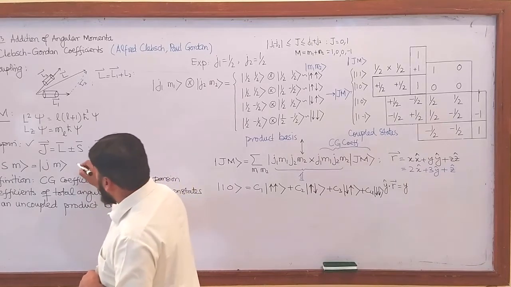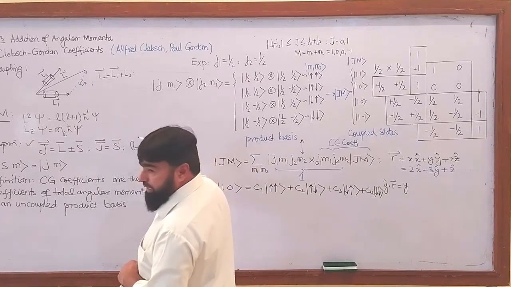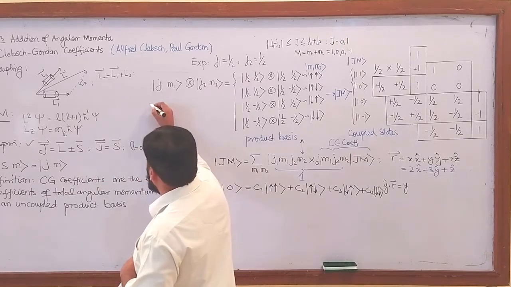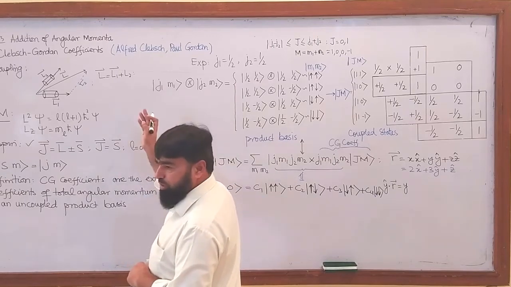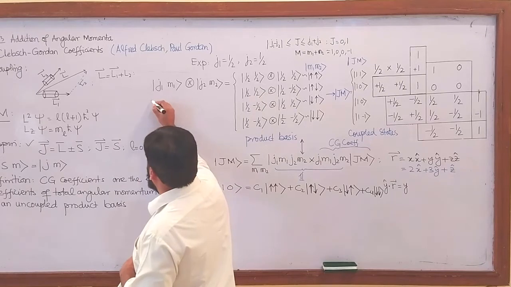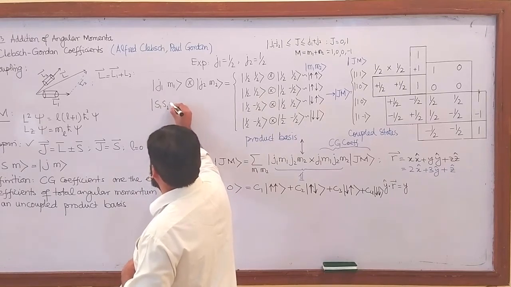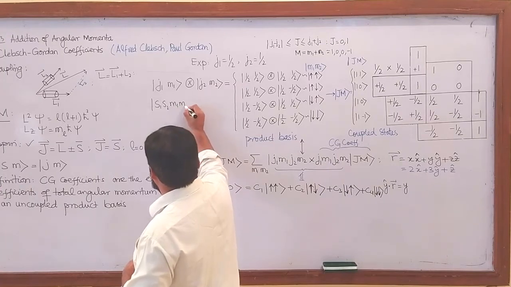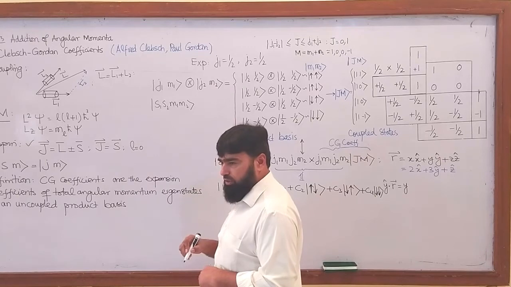One difference. The other difference is that when Griffiths writes the two angular momenta, he writes S1, S2, M1, M2, like this.